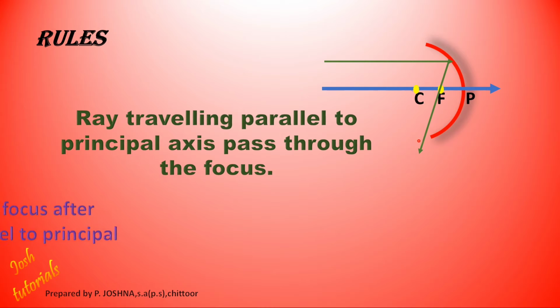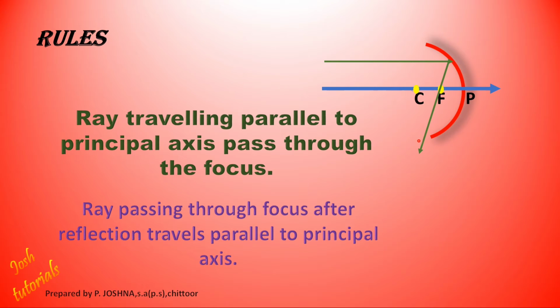Next, another simple rule: a ray passing through the focus. If any ray passes through this focus, its reflection travels parallel to the principal axis. Look here, the violet ray is passing through the focus point, so it moves parallel to the principal axis.